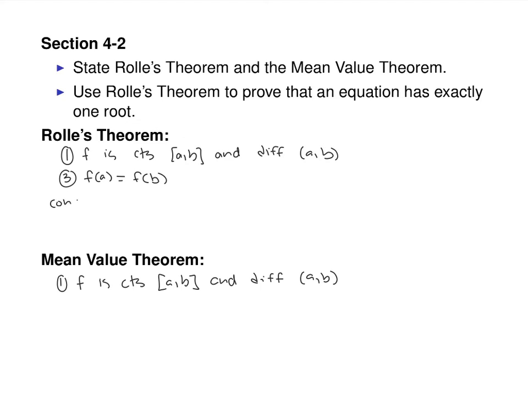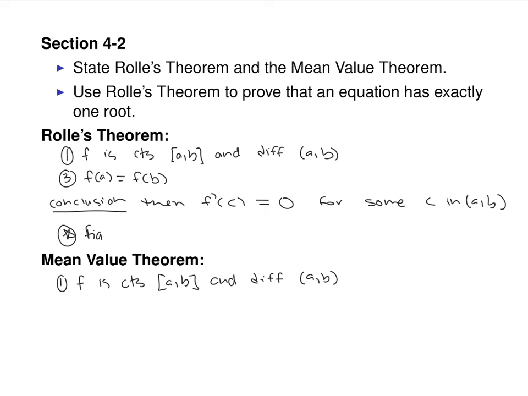And here's what the conclusion said. Conclusion. Said if those things happen, then f prime of c has to equal 0 for some c in between a and b. And so for those questions that we did in class, you need to figure out where the derivative is equal to 0 in your interval from a to b.